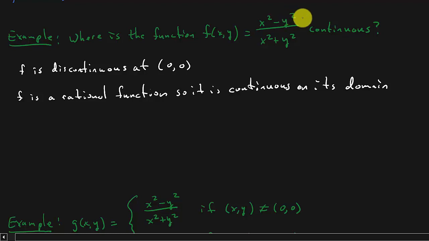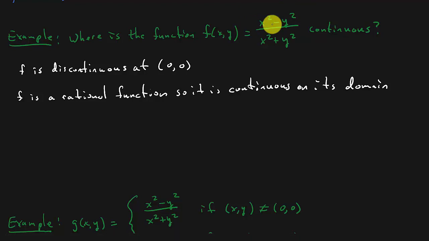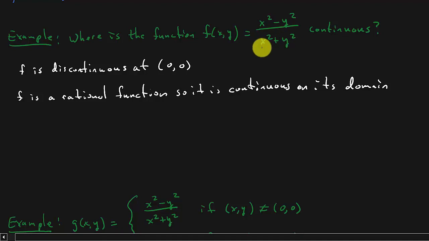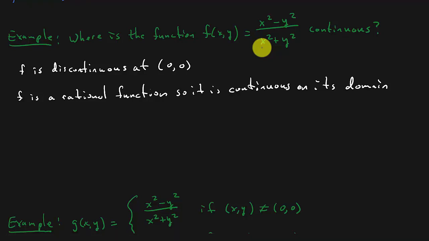Is there anything that's going to make the numerator undefined or have some kind of restriction on the numerator? No, the numerator can be anything. And what about the denominator? Well, the denominator can be any number also, right? It can be any number also, except for 0.